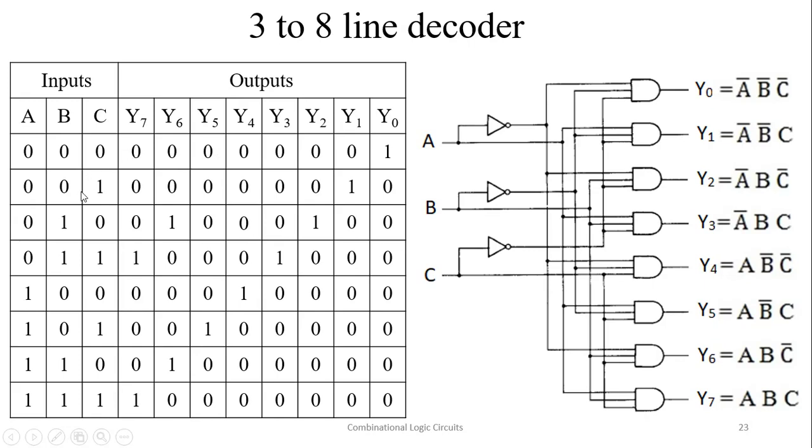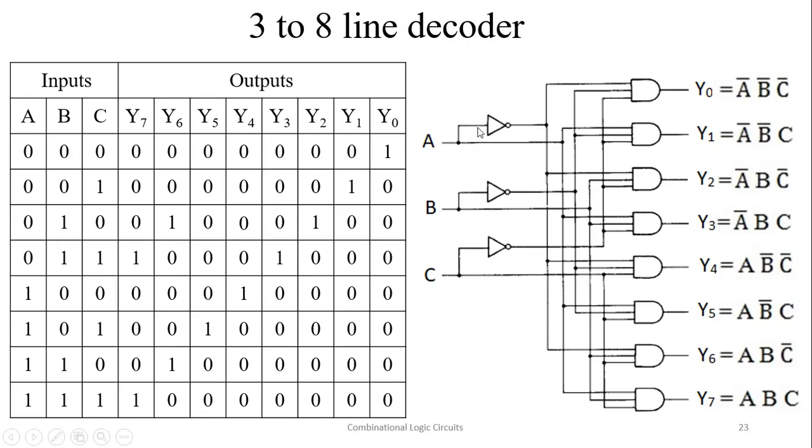If this code pattern is present, it will be indicated by Y1, which will be high and the remaining will be 0. And similarly, if the code pattern 111 is present at the input, it will be indicated by the output Y7, which will be 1 and the remaining outputs will be 0.